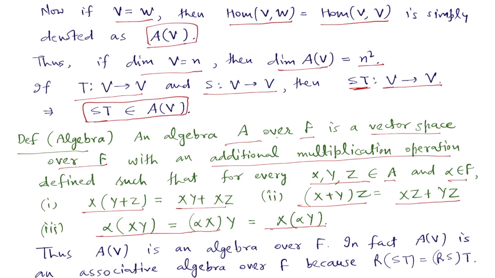We have just seen that all the linear transformations in A(V) satisfy these three conditions. So this A(V) becomes an algebra over F.